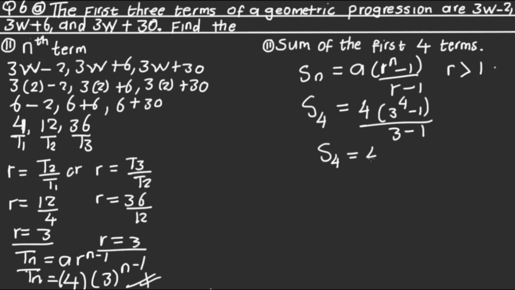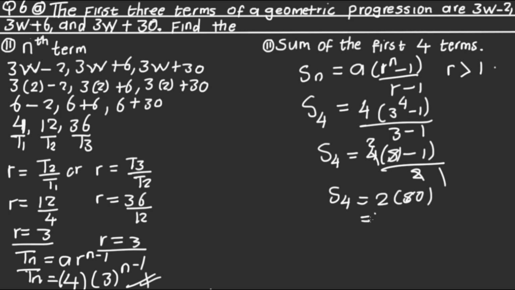So 3 raised to the power 4 is 81, minus 1 over 2. So 2 here is 1, 2 here is 2. So this is the same as 2 times 81 minus 1 is 80, which is giving us 160.